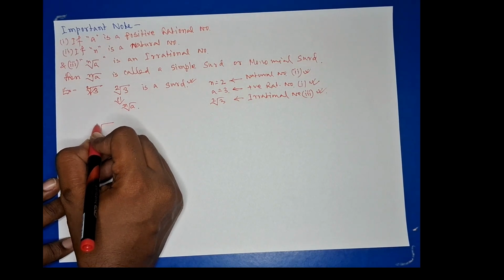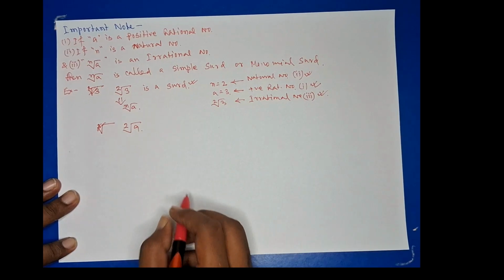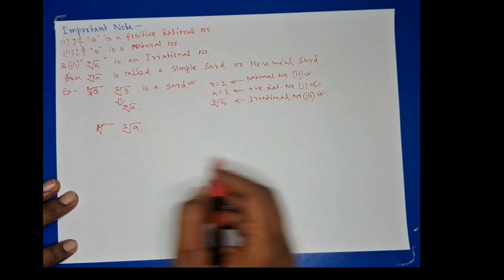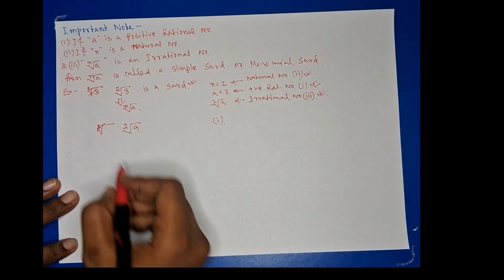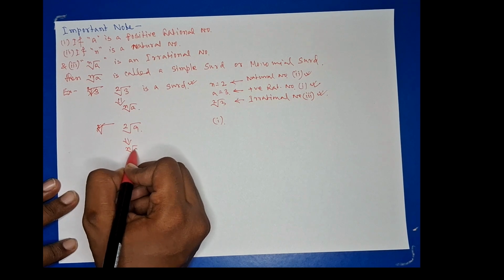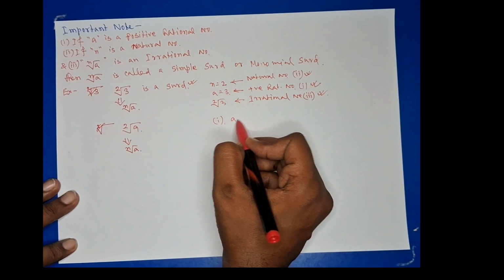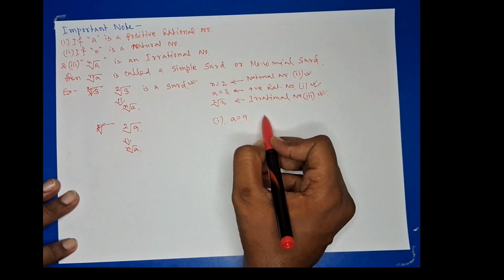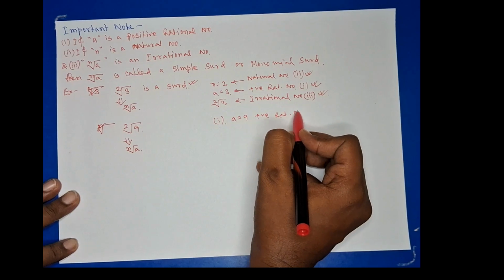Whether 2 root of 9 is a surd or not. Let us see the first one, whether it satisfies or not. If you compare it with nth root of a, then the first one, a, that is equal to 9, has to be a positive rational number.